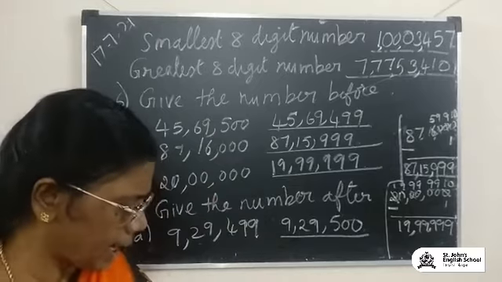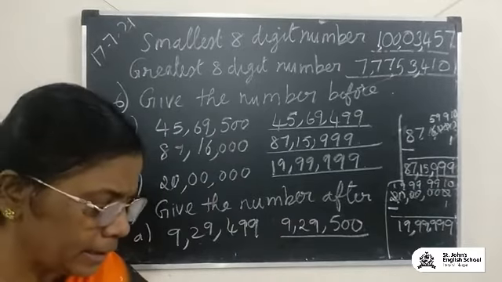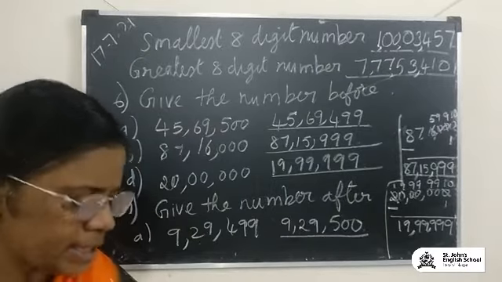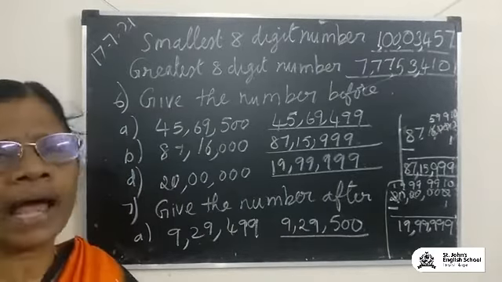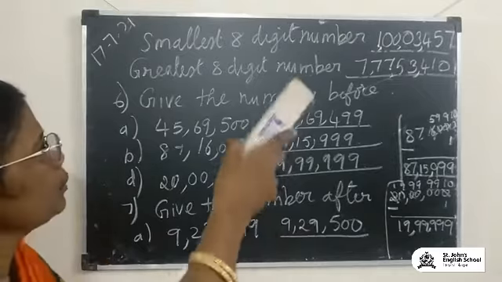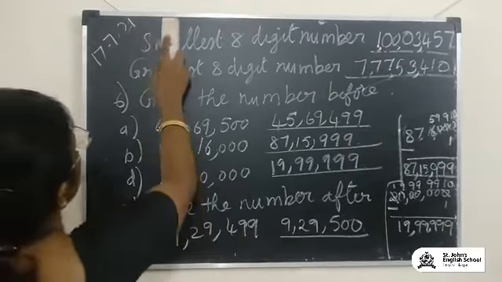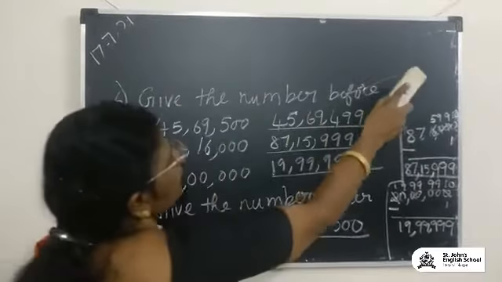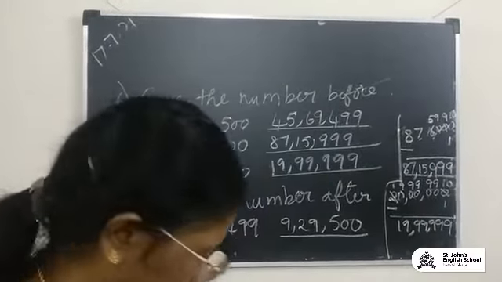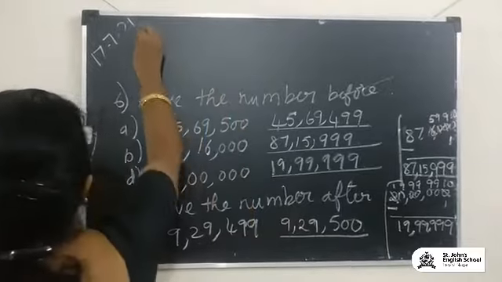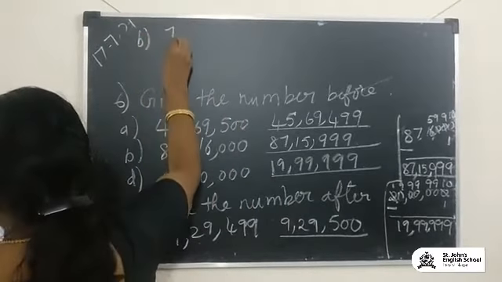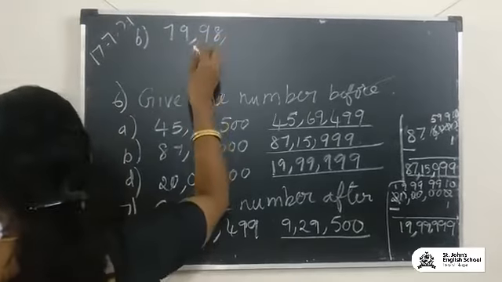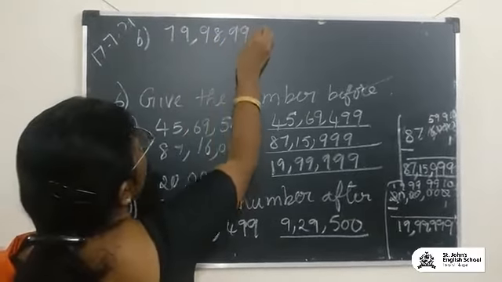But in case you have 999 like that, and the last three numbers are like that, you can add one and see. I will do it on the top and show you. Here also I will write the rough column. So the next number is going to be for 79 lakhs 98,999.